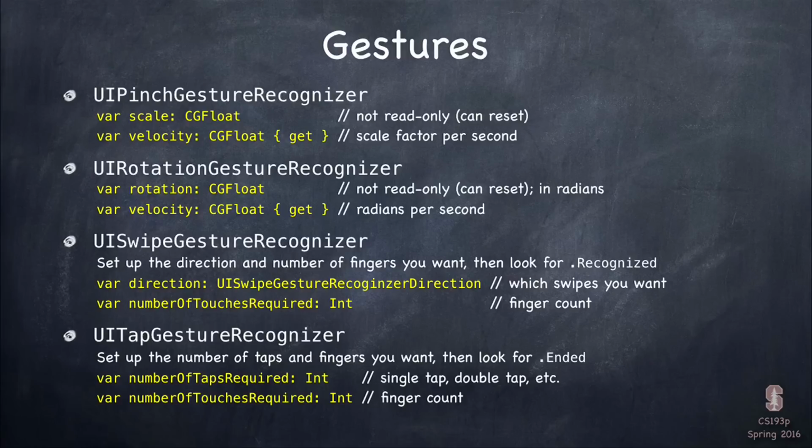That's because a tap actually has intermediate things going on. A double tap has the first tap and then the second tap, and it might go through a state change that will call your handler, but it's not done yet. You can't look at recognized with tap because it's not a discrete gesture, since it goes through those intermediate phases. So you will look for .ended for a tap.